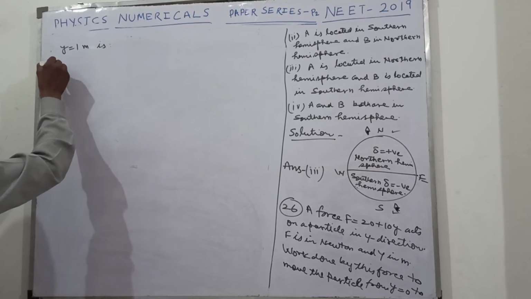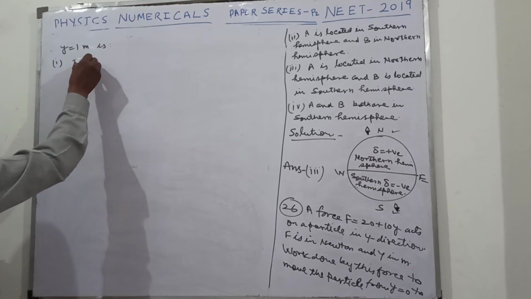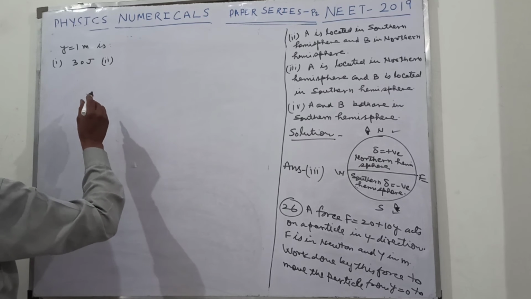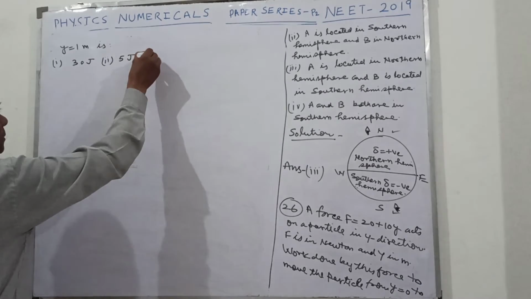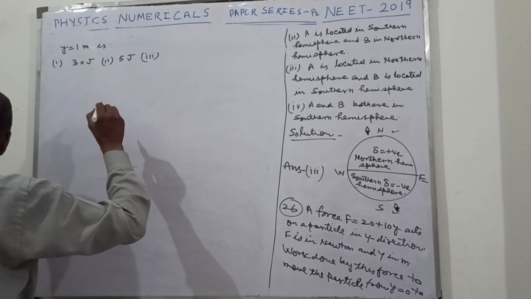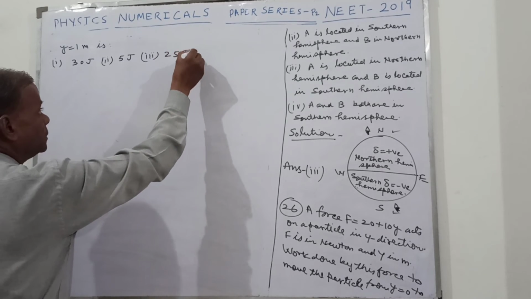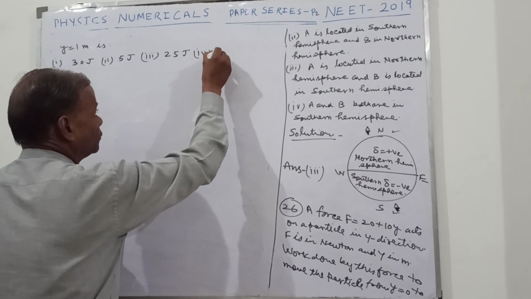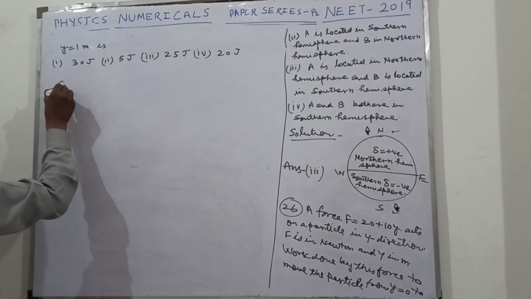Now your options: first option is 30 joule, second option is 5 joule, third option is 25 joule, and fourth option is 20 joule. These are the options. Now solution.